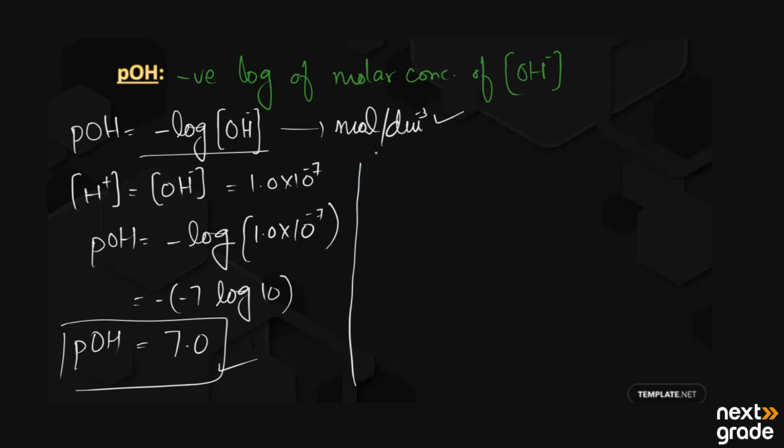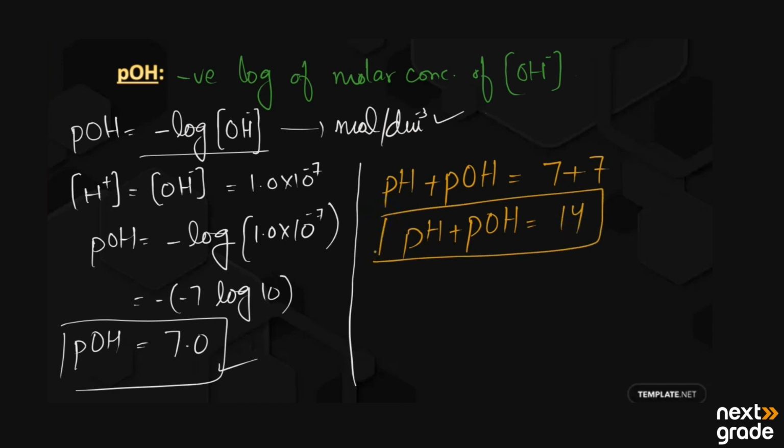At the end, we need the equation pH plus pOH, whose value is 7 plus 7. So pH plus pOH is equal to 14. The total scale for measuring pH and pOH goes from 1 to 14.